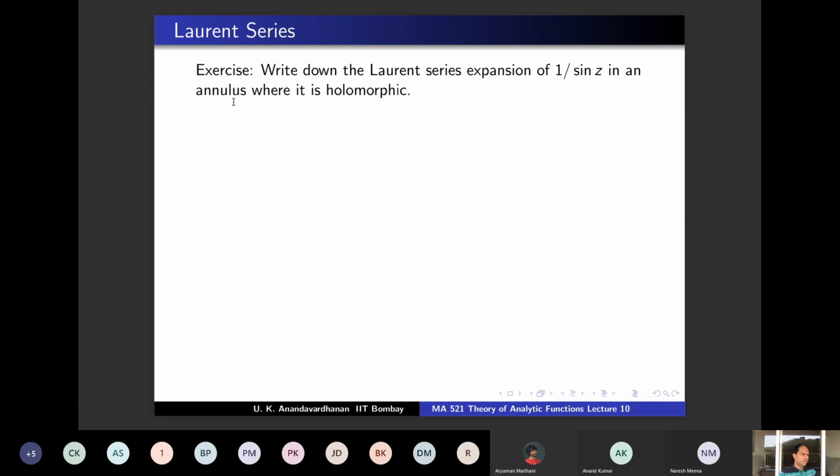There's no z square term, there's a z cube term, and I think the z coefficient is 1 by 6. So try to work this out, whatever way you do. So the z coefficient is 1 by 6 and the z cube coefficient is 7 by 360 or something. Okay, so you should do it.